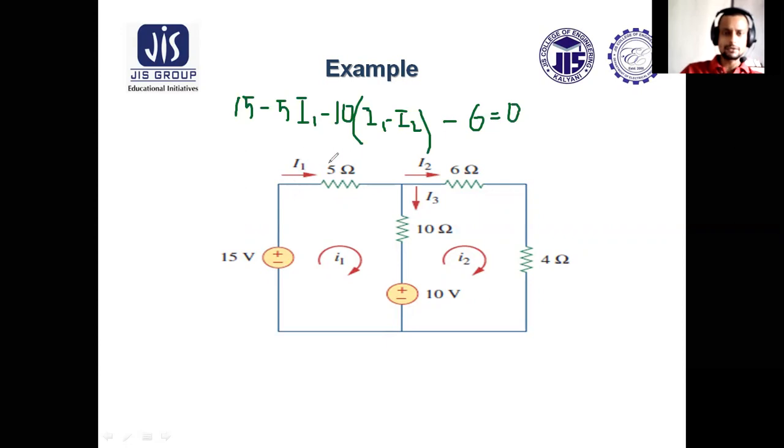You may specify branch currents or you may not specify branch currents. It is not needed. You may specify, but you may not also.